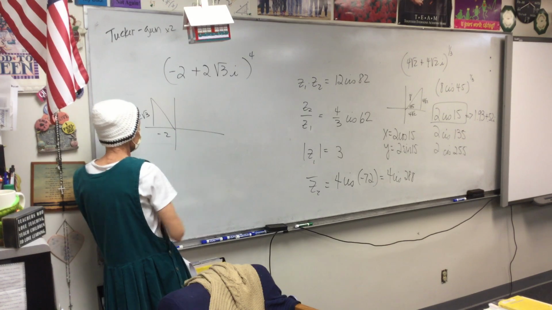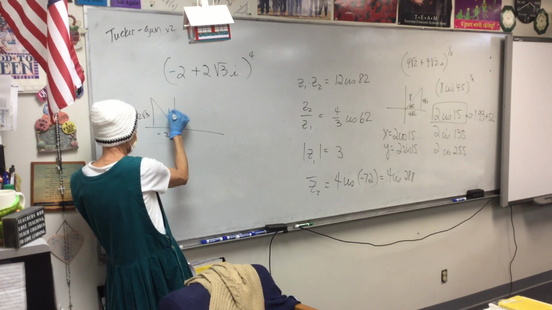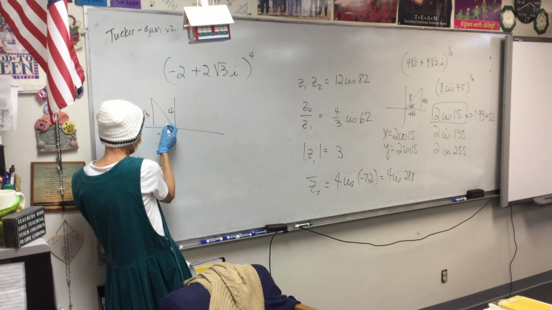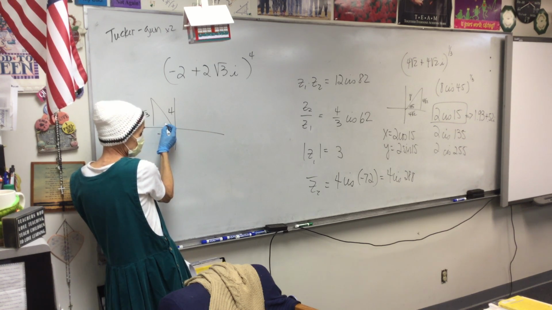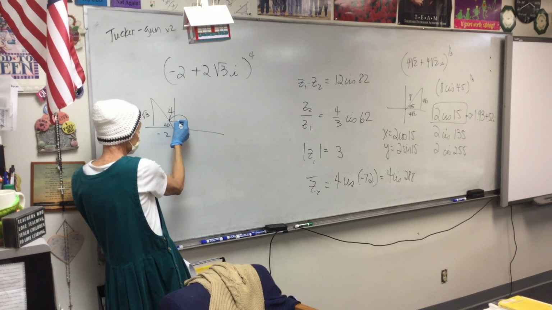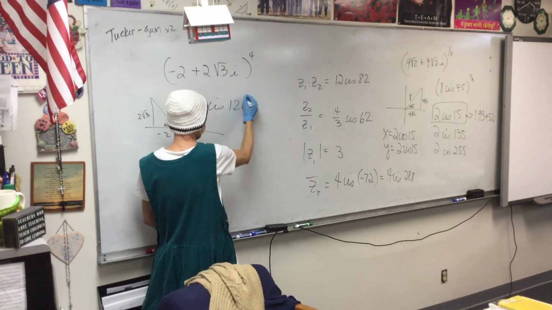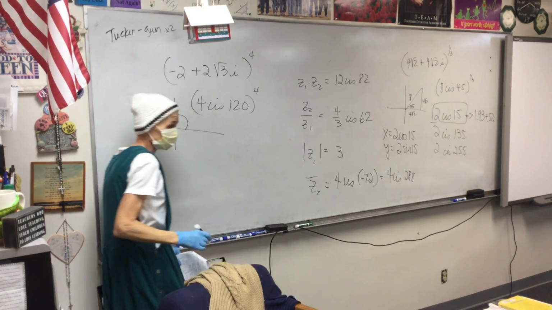So what about r? 4. There's a root 3. So this would be 60. So theta would be 120. So 4 cis 120 raised to the 4th power.